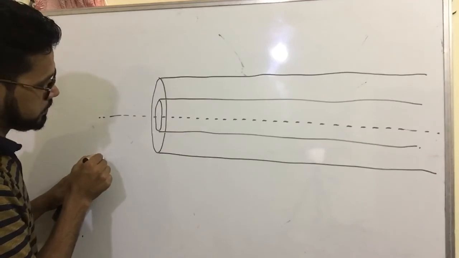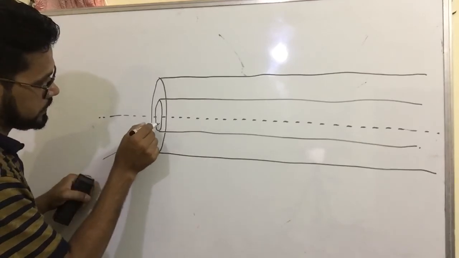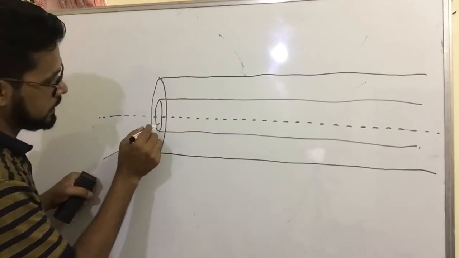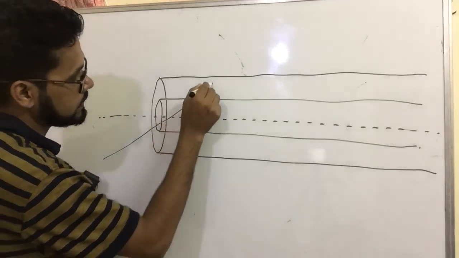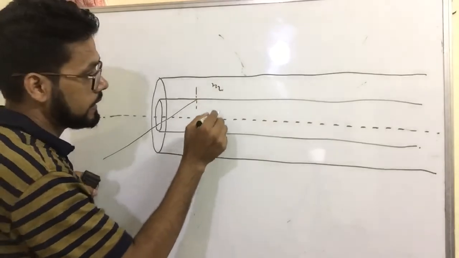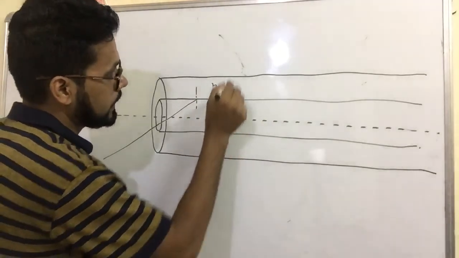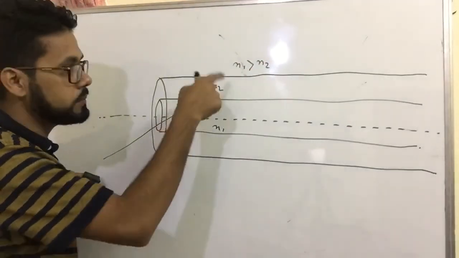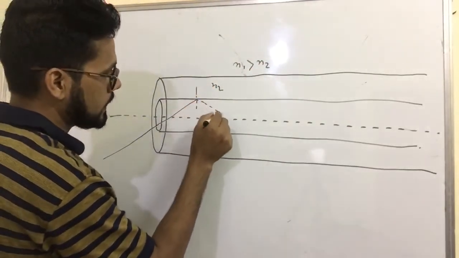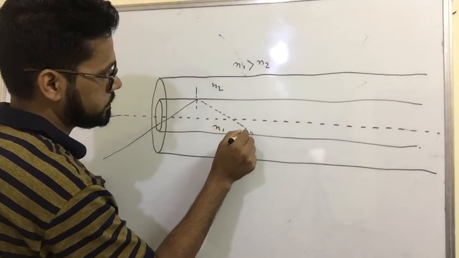Suppose a ray is coming from here and moves to here. This is N2, the cladding, and this is the effective index N1. N1 is greater than N2. It means this is the denser medium, this is the rare medium. Then it moves to this.